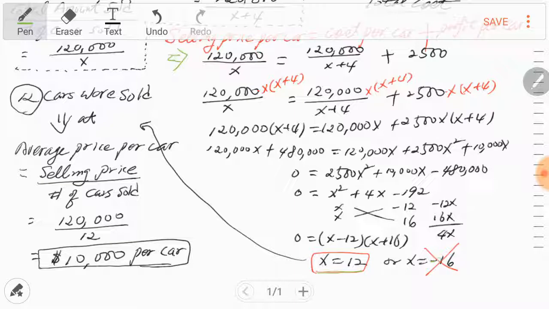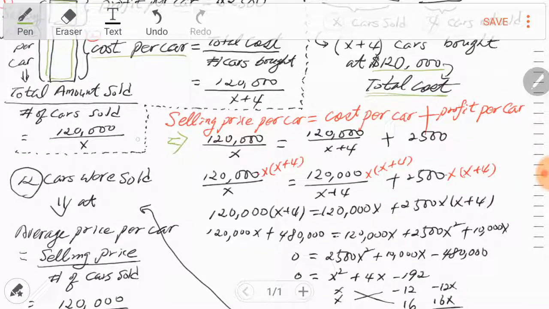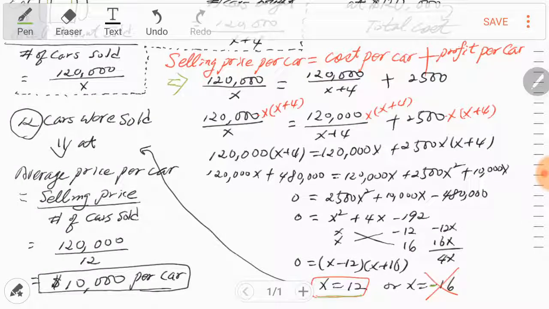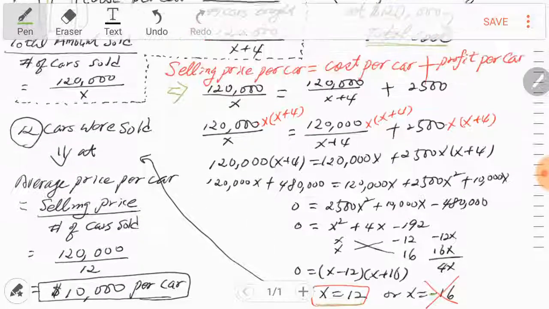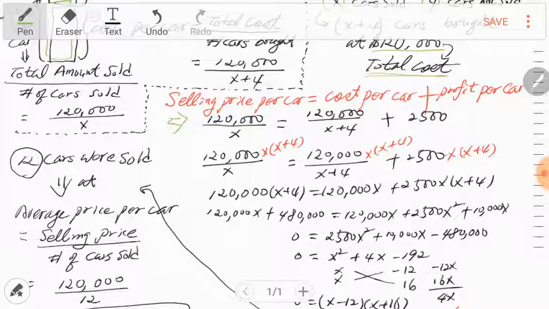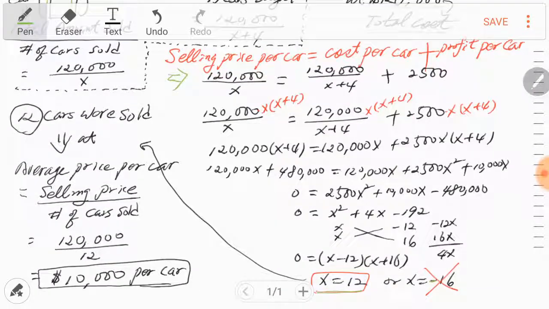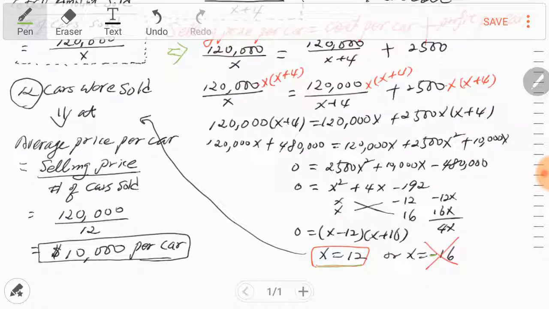And x is the number of cars, so we don't allow a negative number. So eliminate negative 16. So there were 12 cars sold. 12 cars were sold at how much? The total amount sold is $120,000, and divide this by the number of cars sold, which is 12.